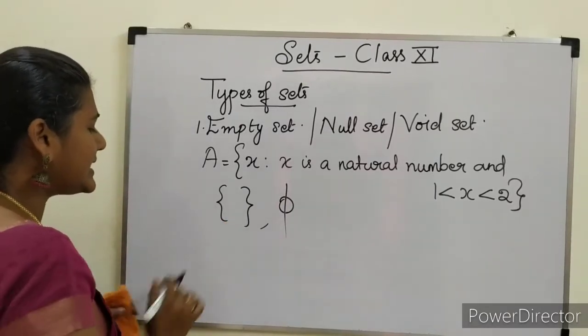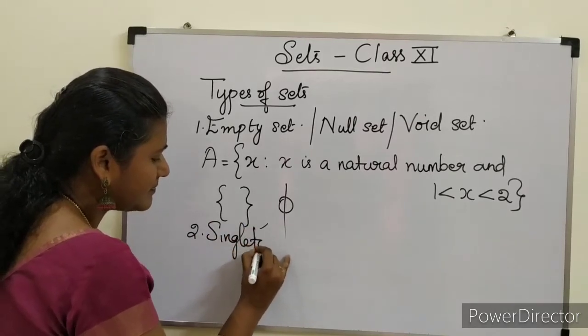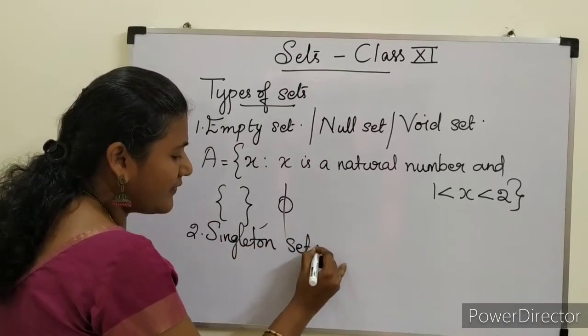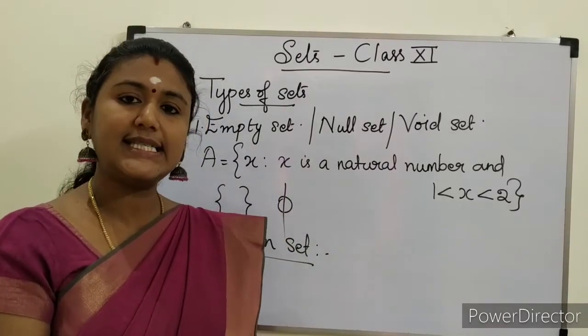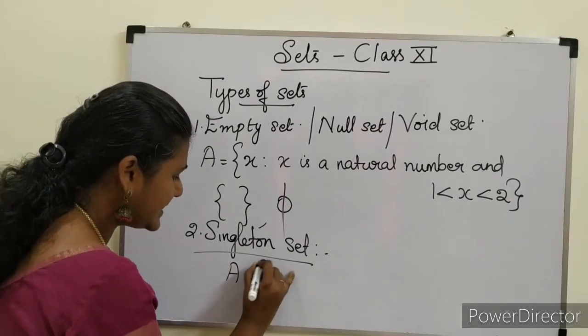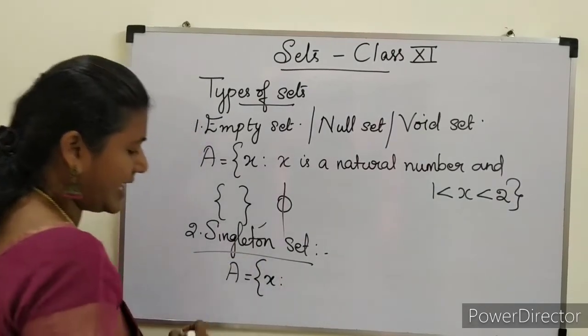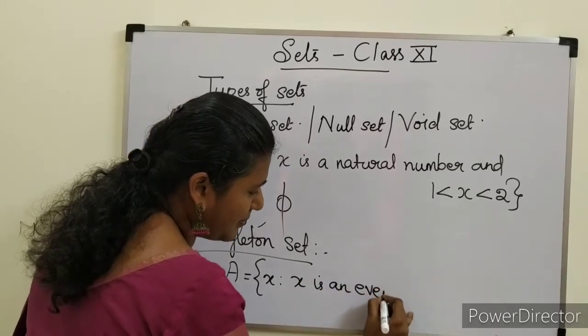Next one is singleton set. Second one, singleton set. A set which contains only one element is called a singleton set. For example, we will consider a set of all x such that x is an even prime number.